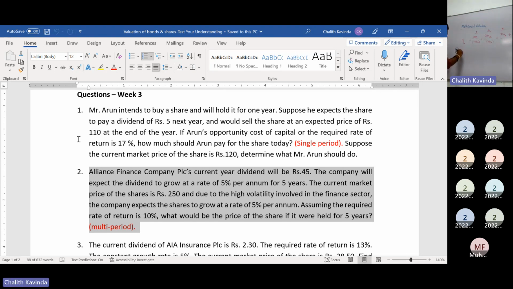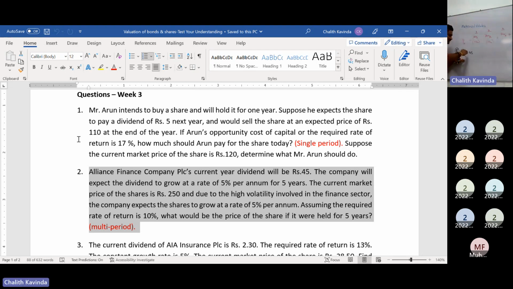Current year dividend is 45, which means dividend 0 is 45 rupees. The company will expect the dividend to grow at a rate of 5% per annum for 5 years.